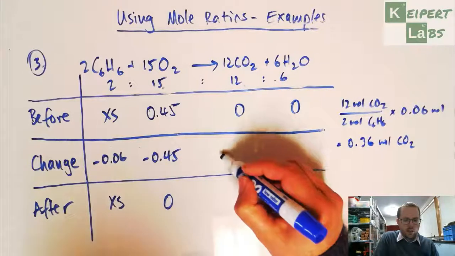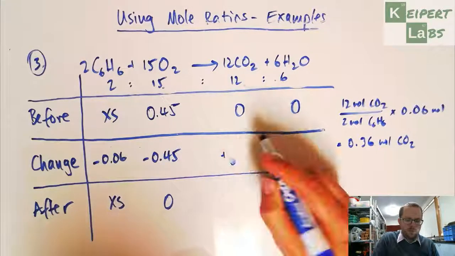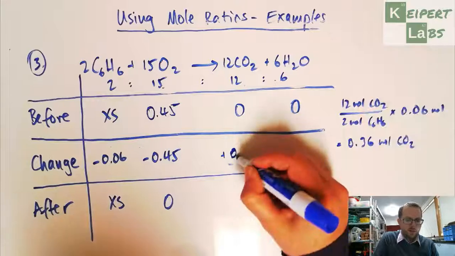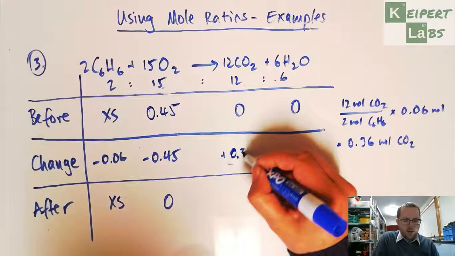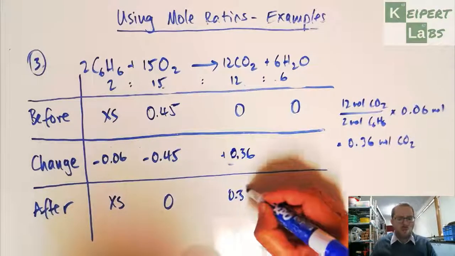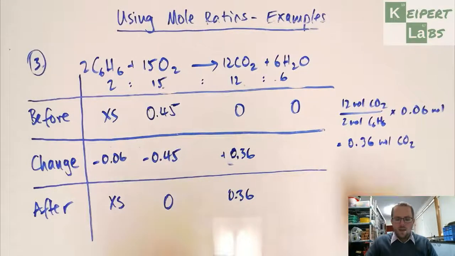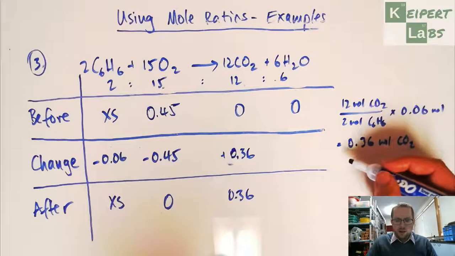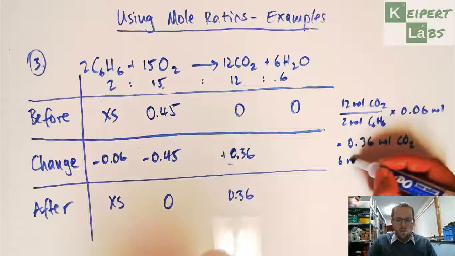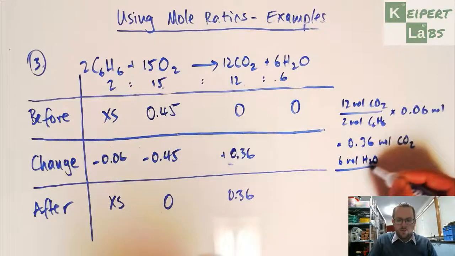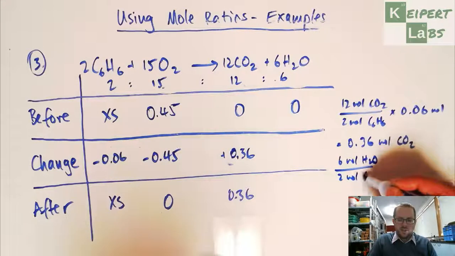So this is going to increase. Be careful not to make a silly typo like I just about did. So we end up with 0.36 moles of carbon dioxide. And then I have 6 moles of water for every 2 moles of C6H6.